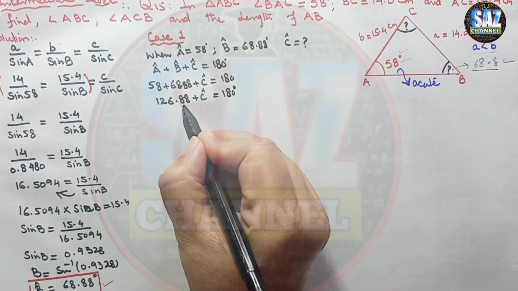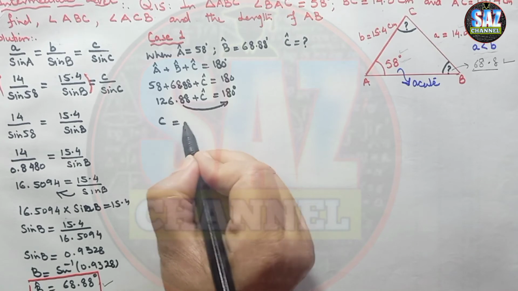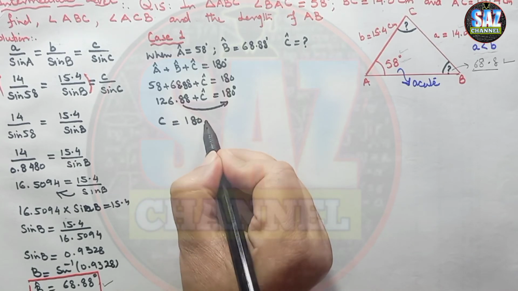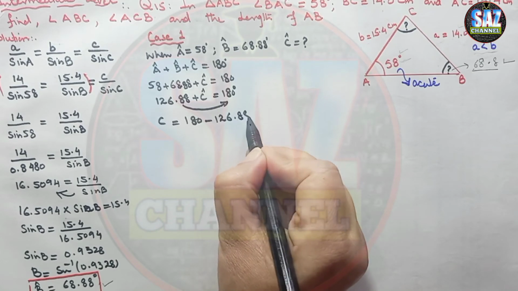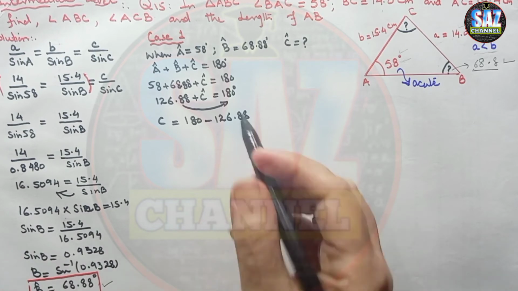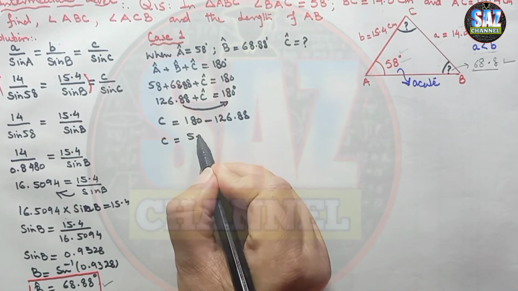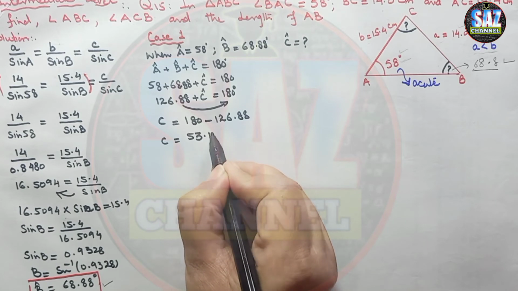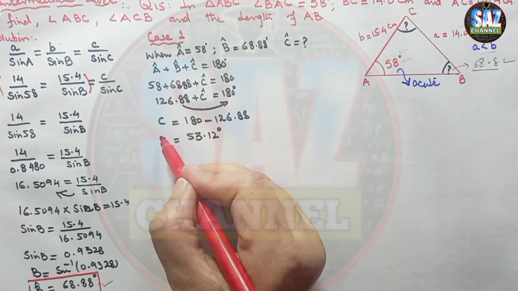Now shift this 126.88 to the other side, and angle C will be equal to 180 degrees minus 126.88. Take away this answer from 180 degrees, and angle C will be equal to 53.12 degrees. Okay, and let me box this answer so that my students can see this clearly.